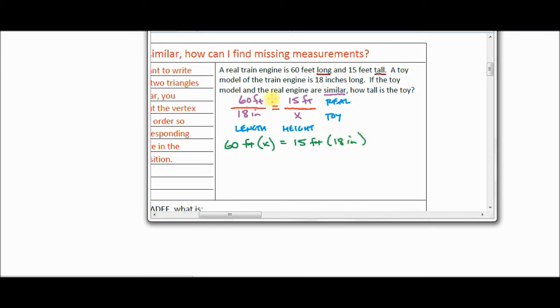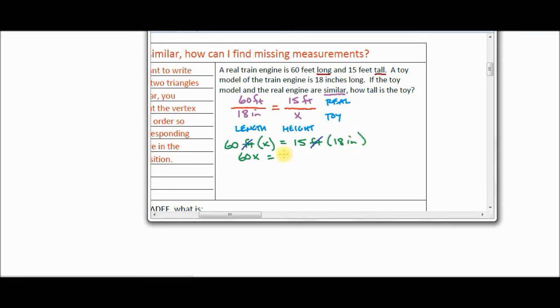Now, just like if you found a unit of measure on the top and bottom of a fraction, you can cross it off. If you find the same unit of measure on both sides of an equation, you can also cross that off. So look, feet is on both sides of our equation that we got from the proportion. So I can get rid of feet here and get rid of feet here. And that means I'm left with 60 times x is equal to 15 times 18 inches.